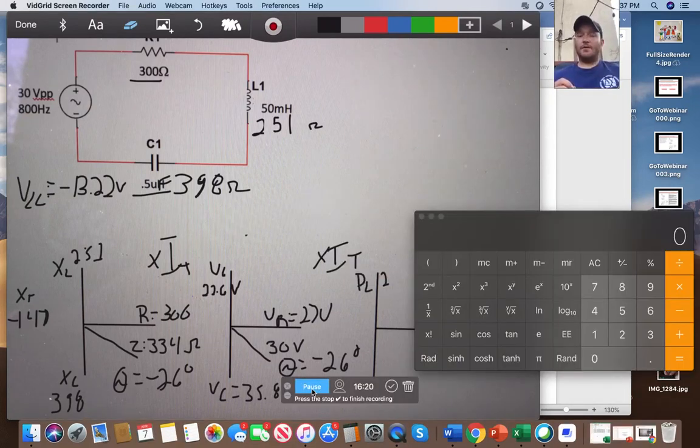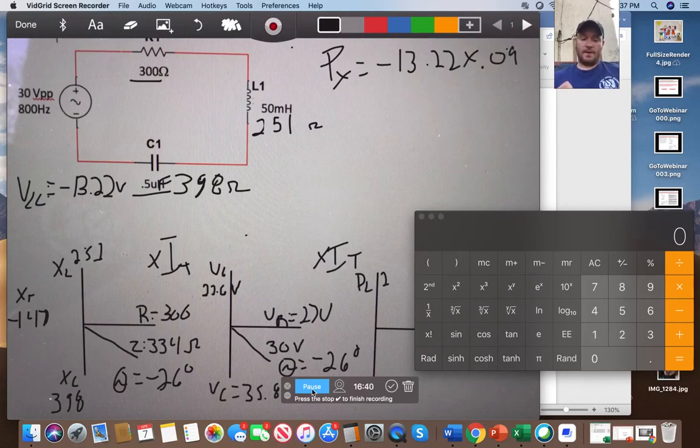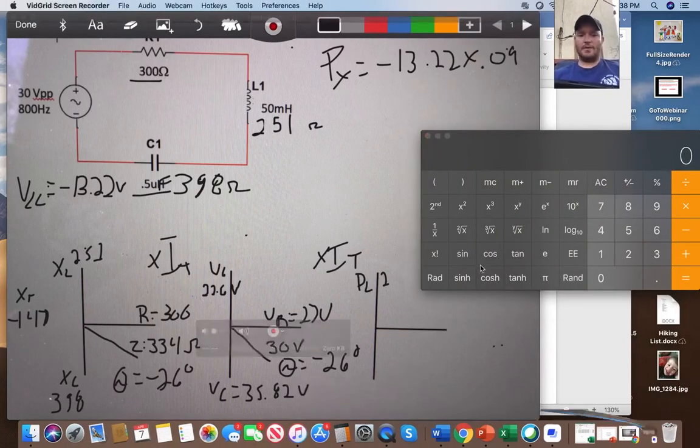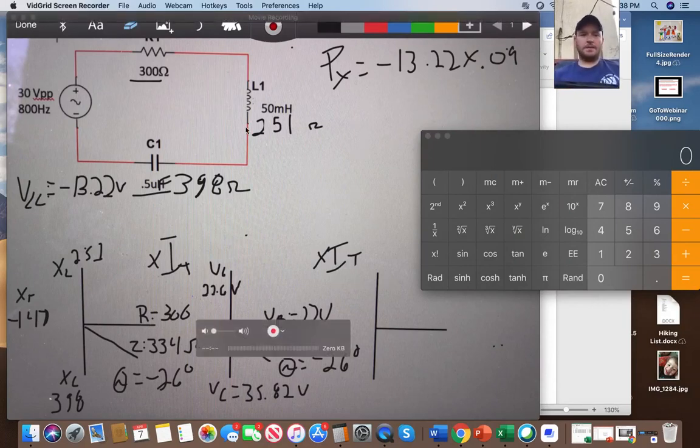Now, to get our reactive power, PX would be negative 13.22 times 0.09. Okay, so let's go ahead and type that in right here. Notice that I'm only doing this for that relationship. We don't need to worry about PL and PC on this.